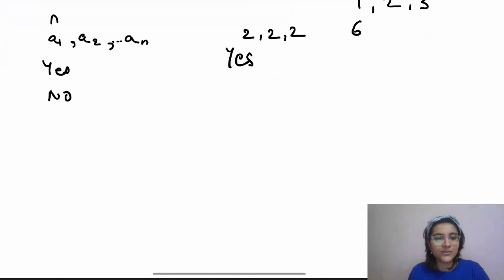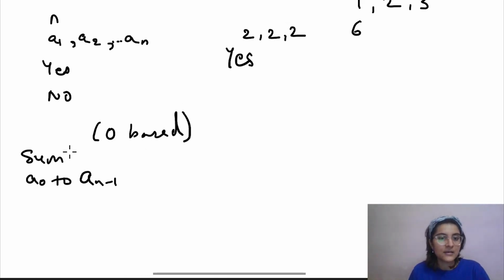Essentially, I'm going to find the sum of all of these A values, that means A[0] to A[n minus 1] in zero-based indexing. I'm using zero-based indexing because it's more convenient when you access elements by their indices.